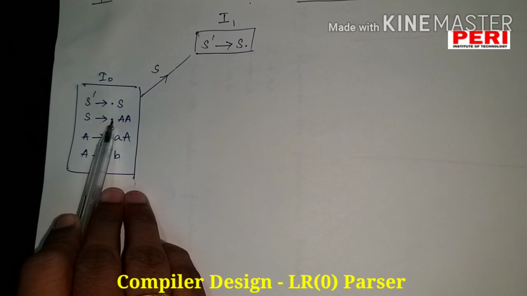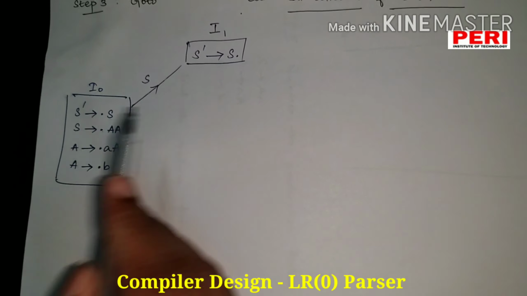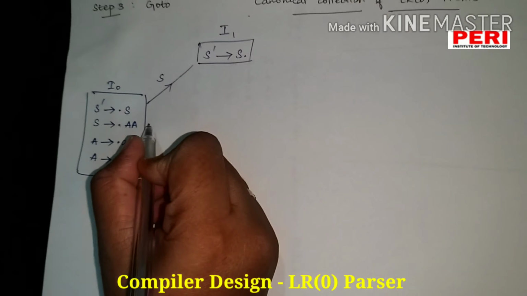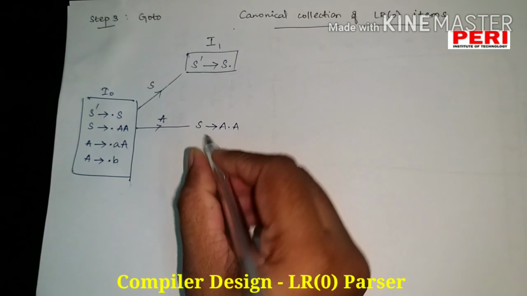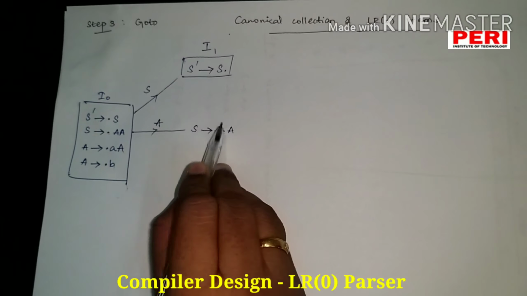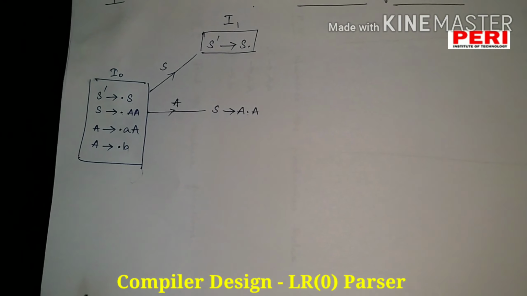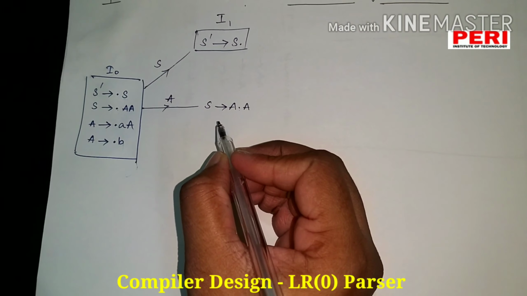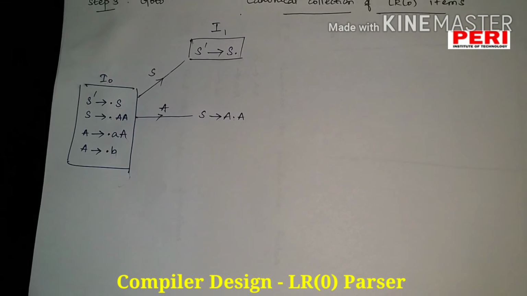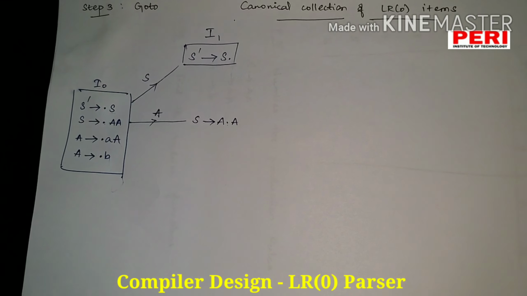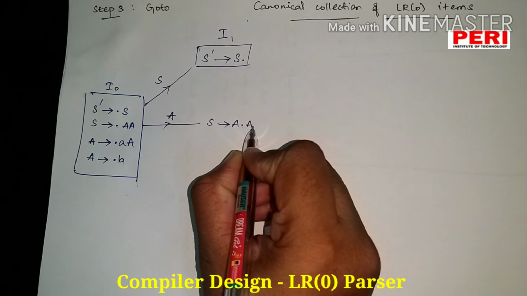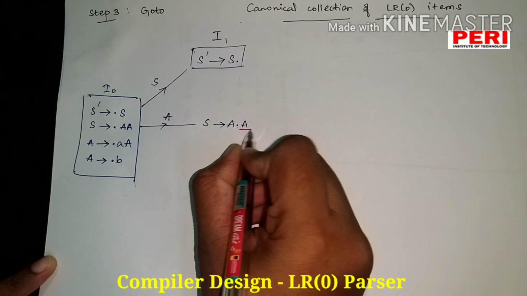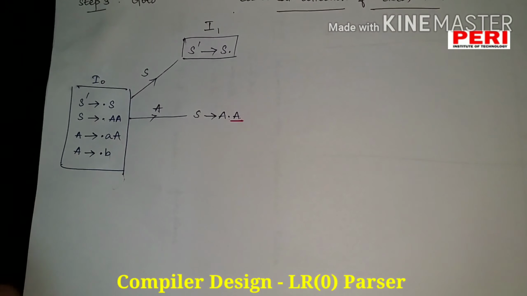Coming to the next production, the dot has to move to the next position. What I have to do is parse A. On applying A, I will be moving to the next position. The dot has been moved from the beginning to the next position by passing through A. An important point to be noted here is that since you have a non-terminal next to the dot symbol, you have to add this non-terminal's productions in the same state.